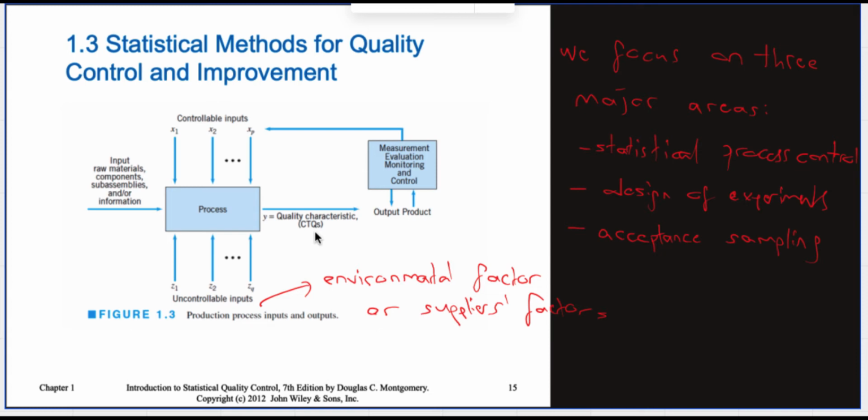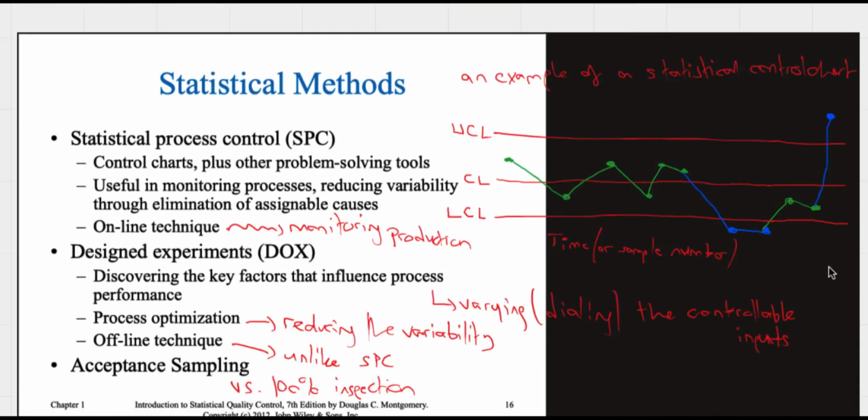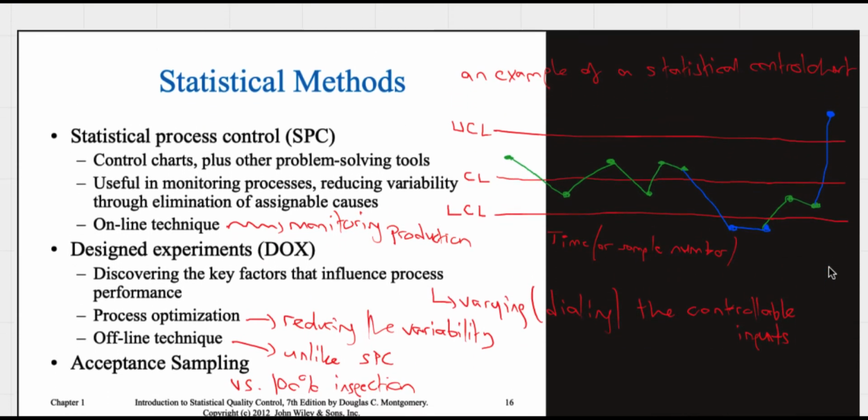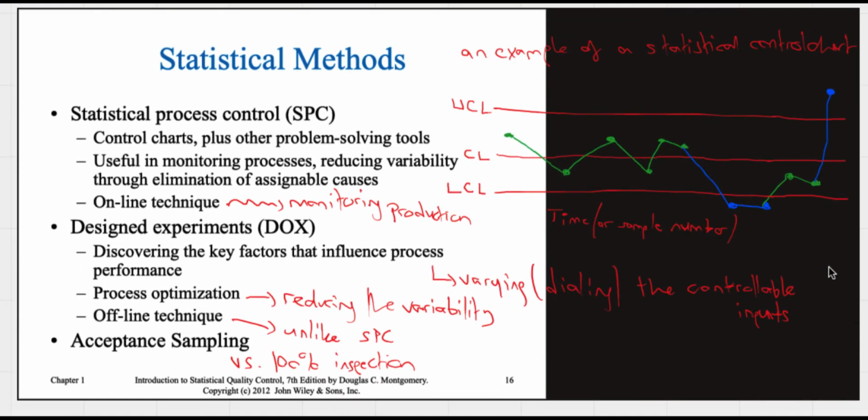To reduce the variability in the process and the product, we are going to use these methodologies: statistical process control, design of experiments, and acceptance sampling methodology. A primary tool for statistical process control is the use of control charts. So what is a control chart? A control chart is actually a problem-solving tool, and we are going to use control charts to reduce the variability.